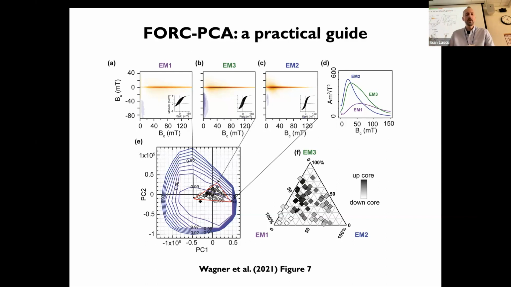Is there a minimum number of data points? That's a good question. So this particular data set, I've chosen because it contains 65 forks, a sufficient number to get a statistical analysis that is valid.